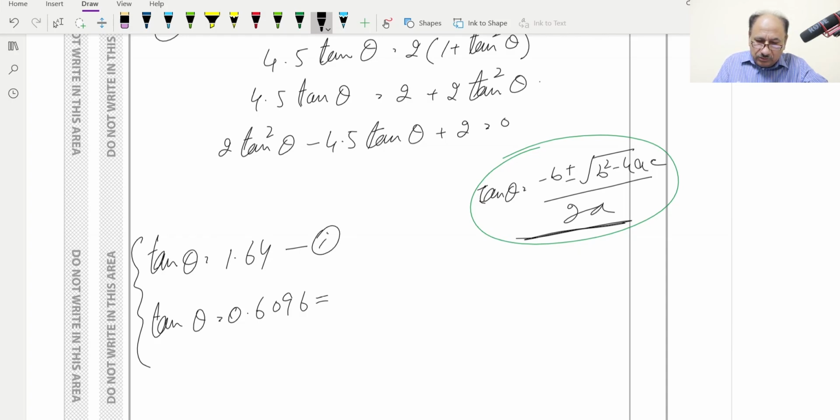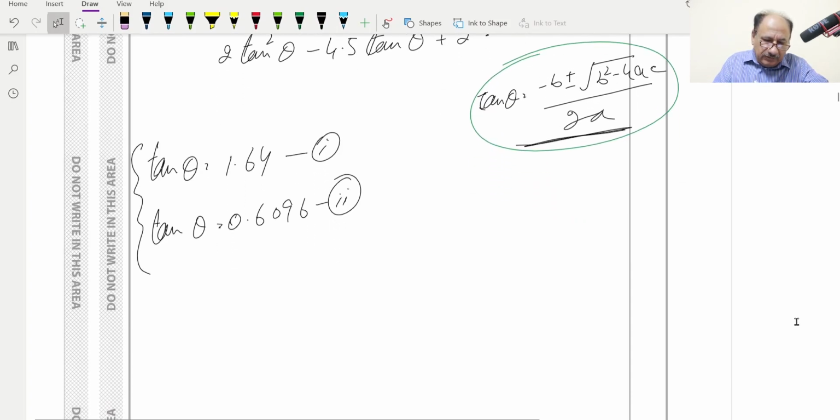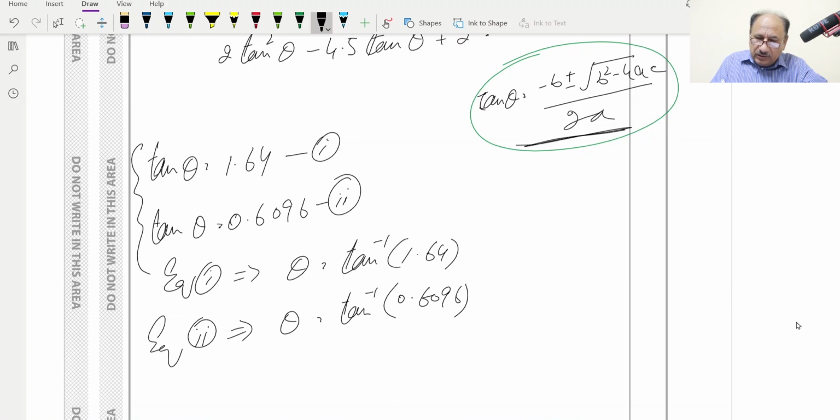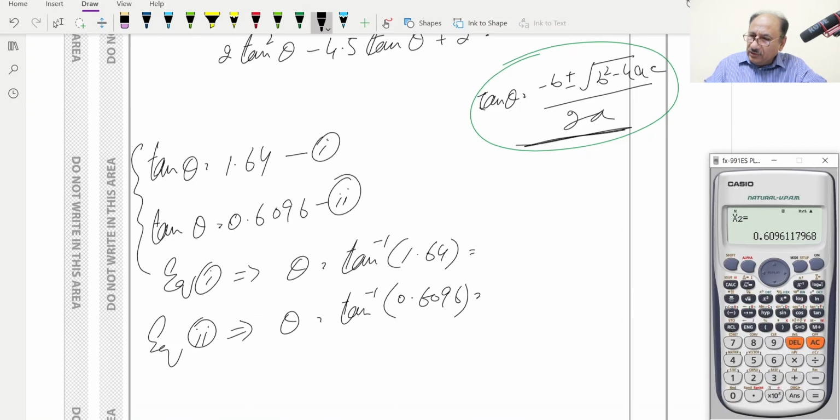So this one is equation 1, this is equation 2. Equation 1 implies theta is equal to tan inverse of 1.64, and equation 2 implies theta will be equal to tan inverse of 0.6096, and we can find the tan inverse now.